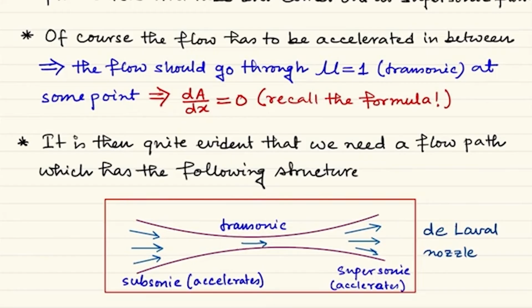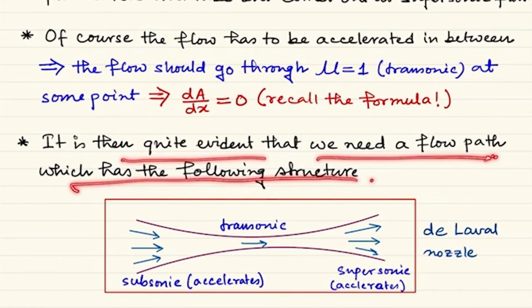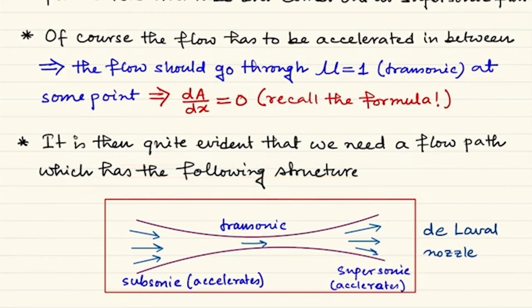And it is then quite evident that we need to use a flow path which has the following structure. So the fluid first enters into this wider region, and then the area basically comes down to its minimum value, giving birth to this narrowest region. Okay, and after that this fluid will be again going to a part where the cross-sectional area is greater.